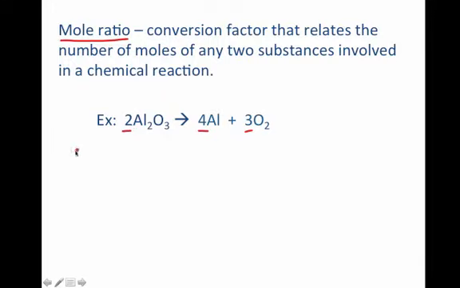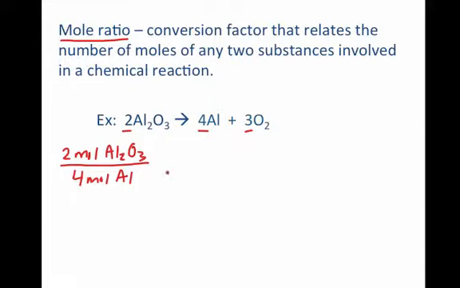So I could say that for every 2 moles of aluminum oxide that react, I can make 4 moles of aluminum. Do you see how that looks like a conversion factor that we would have used prior in this class?